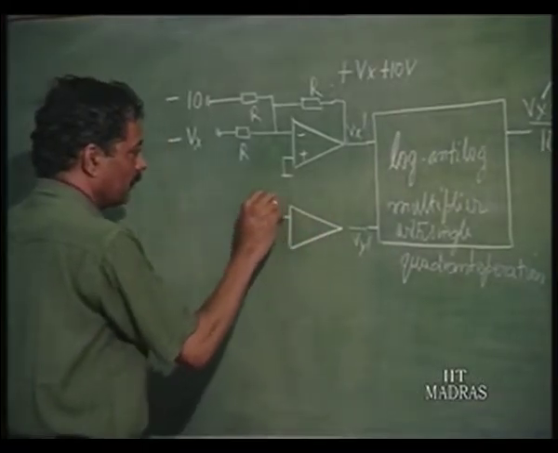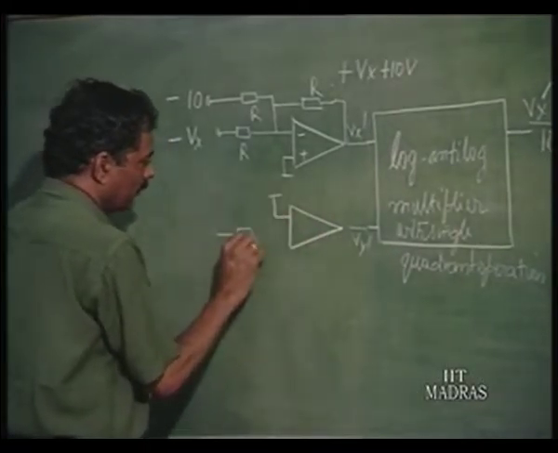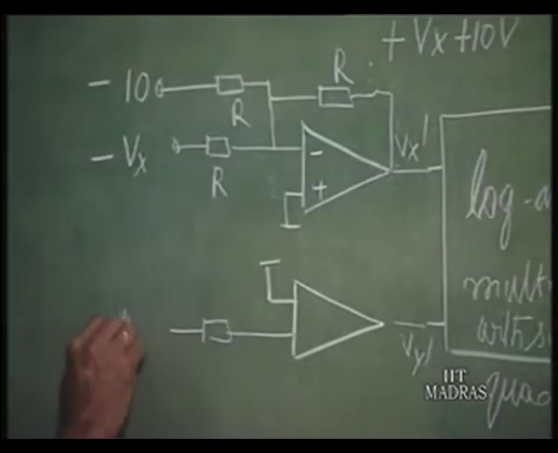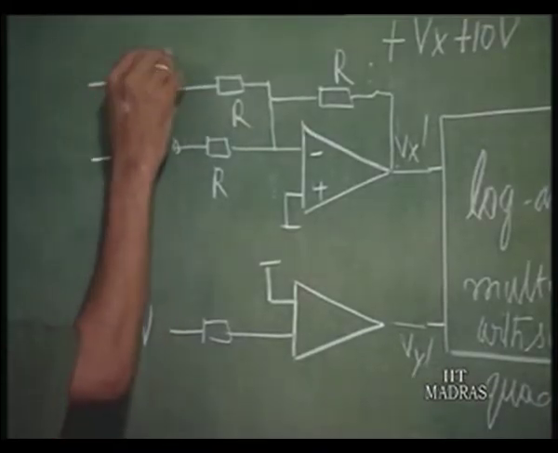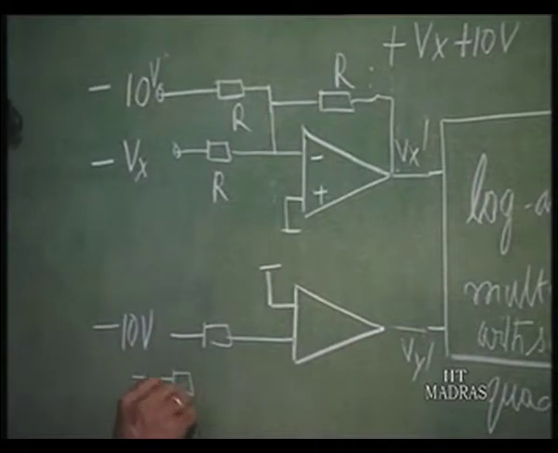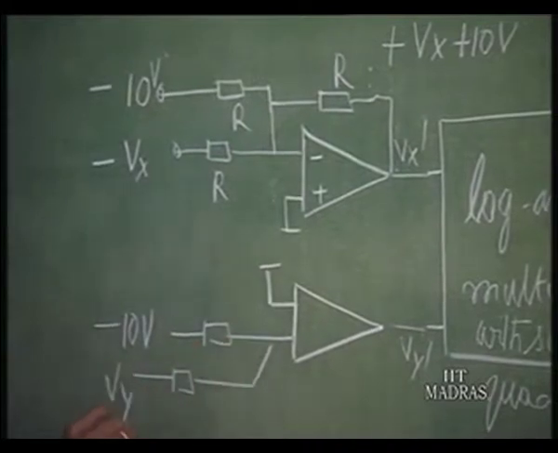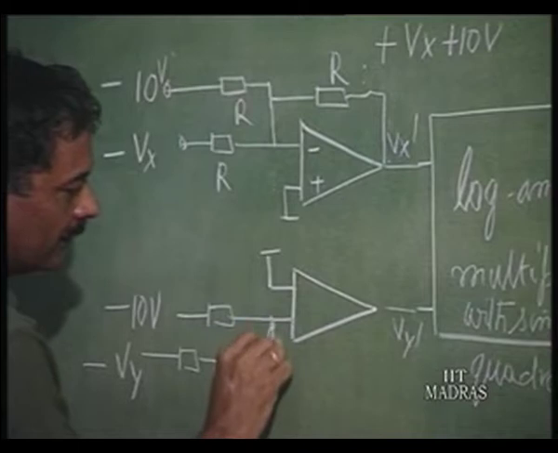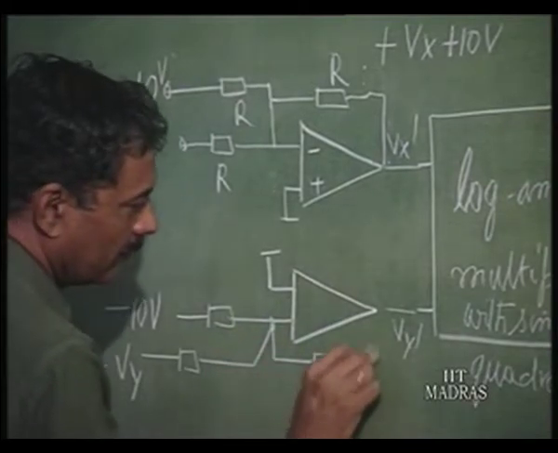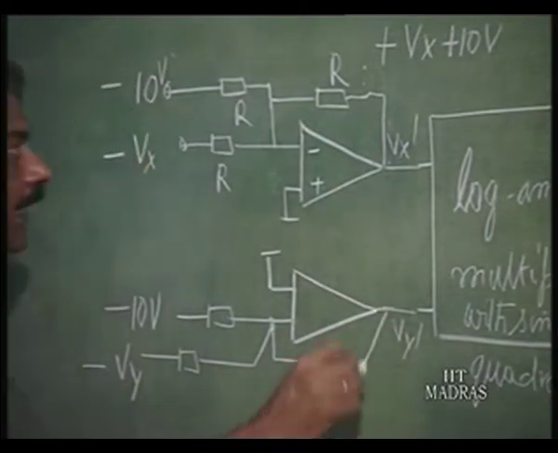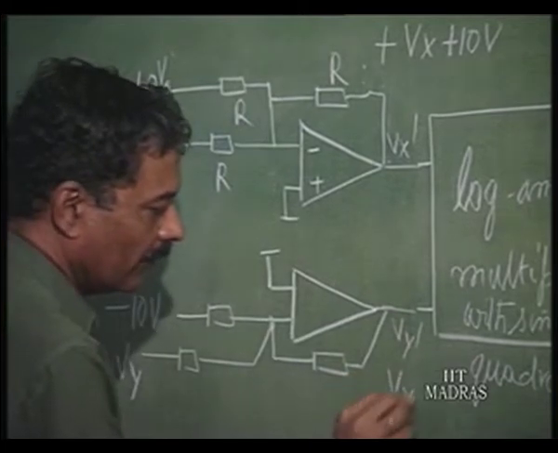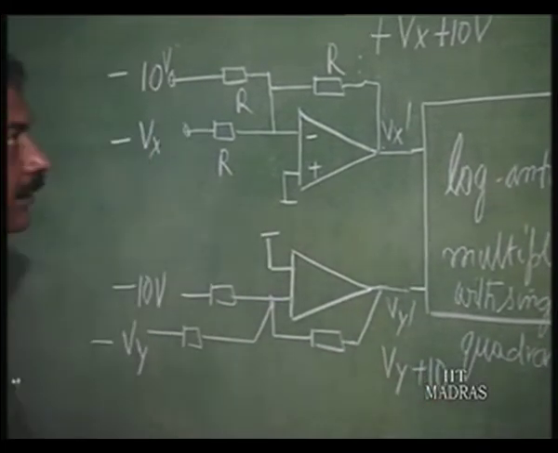Now, another one where we will give minus 10 volts and minus V y. So, V y dash now becomes plus 10 volts plus V y.